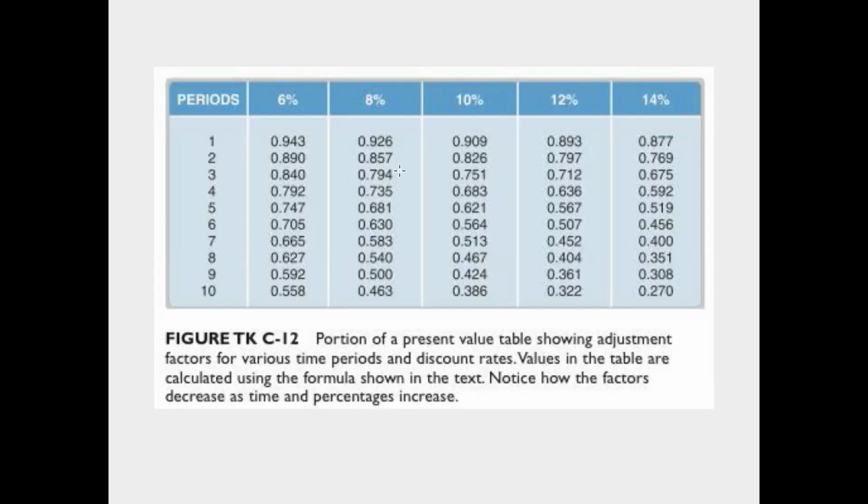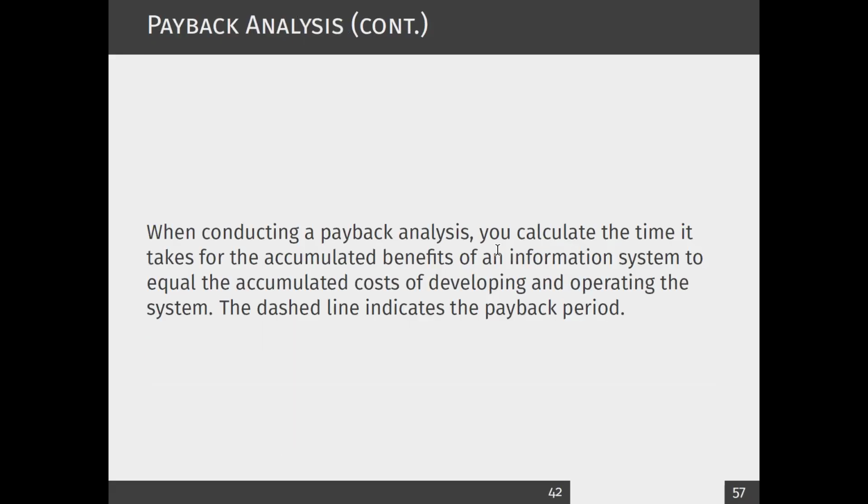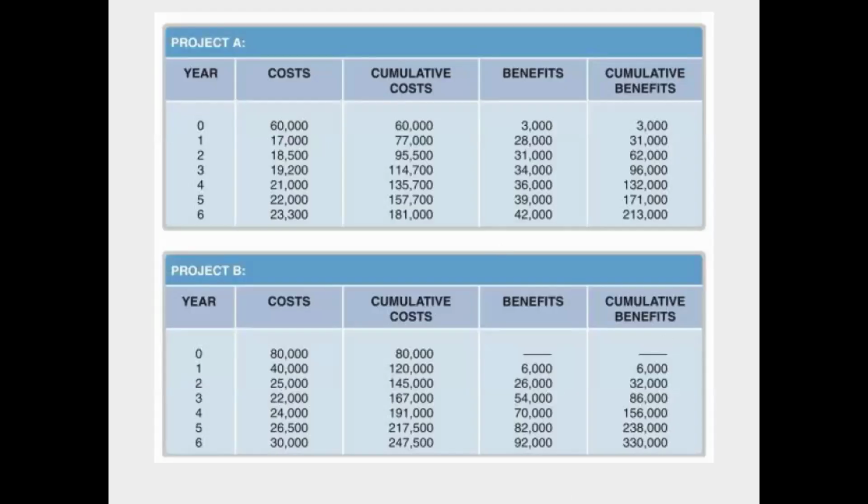This is the present value table. Done. Let's move on. The next one, take a screenshot of this one. These are the values of the two projects, and we'll do the calculations.